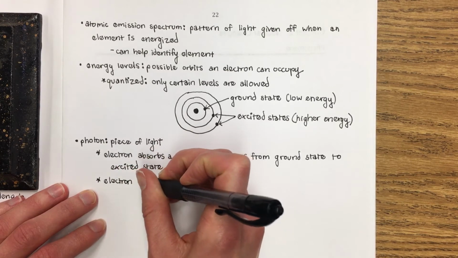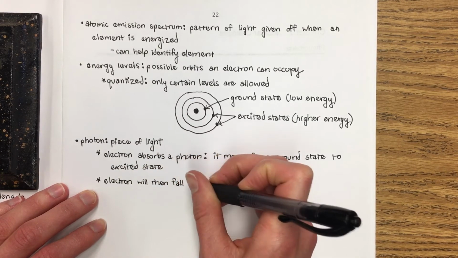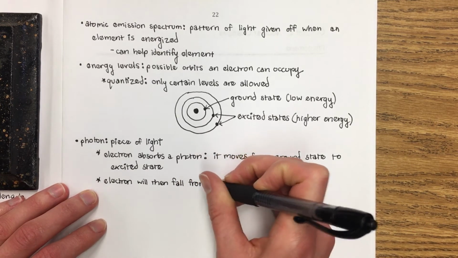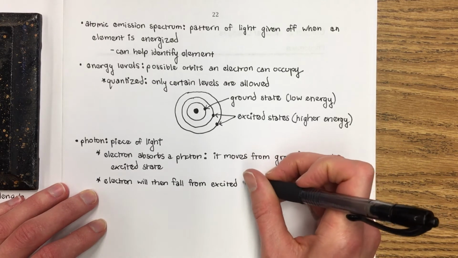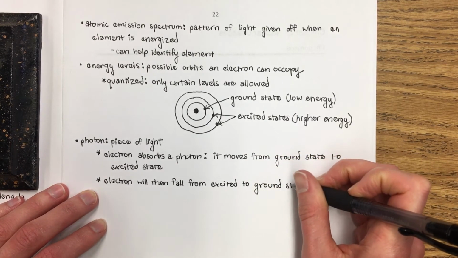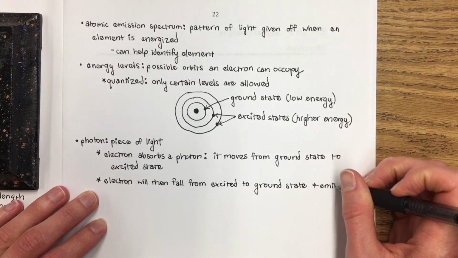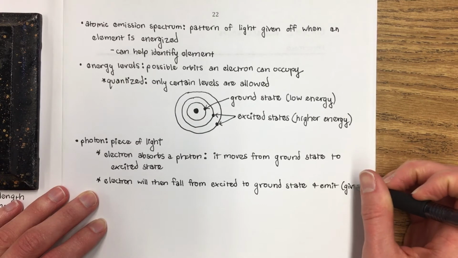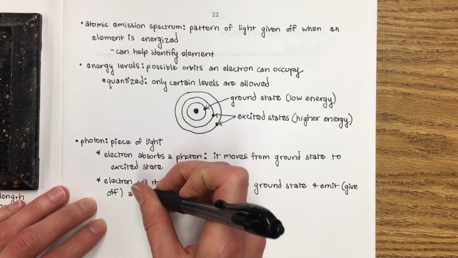The electron will then fall from excited to ground state and emit, which means to give off, a photon.